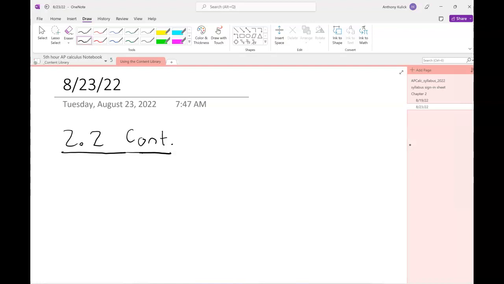And I think where we had left off last was we had looked at this example, and we saw that this limit did not exist, right?